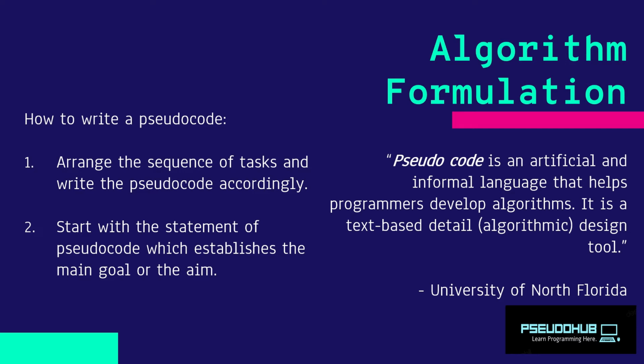And number 2, you need to start with a statement of pseudocode which establishes the main goal or the aim. Meaning you need to start with the first statements, you need to put there what your goal is. For example, our sample problem to solve the sum of two numbers. So step 1, get first number.